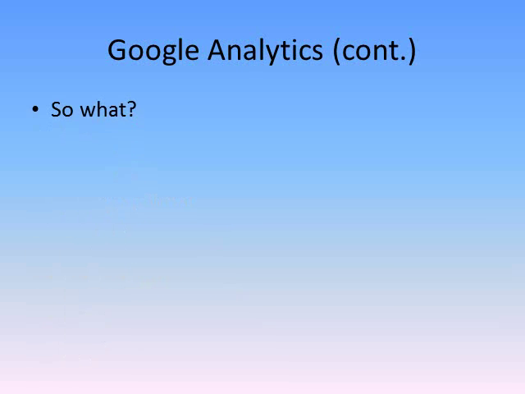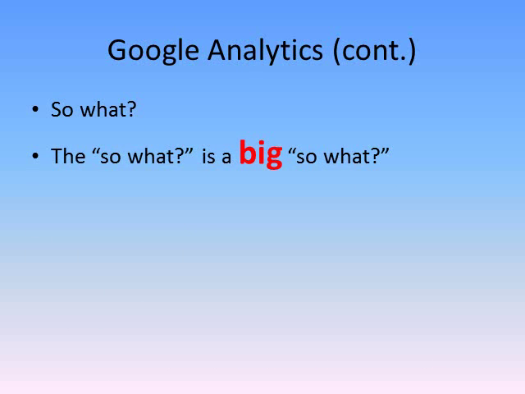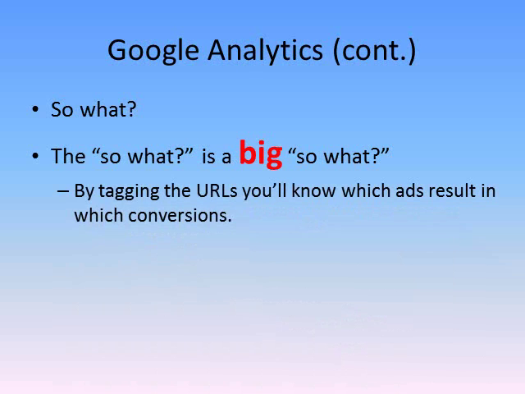Well, you might be saying, so what? And the so what is a big so what. Because by tagging the URLs, you'll know which ads result in which conversions. And think about that for a minute.